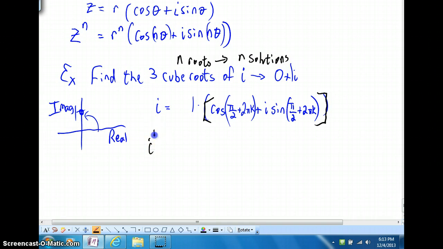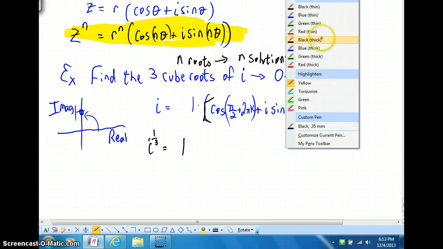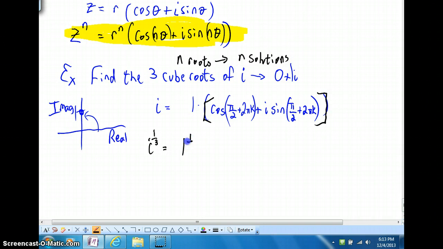If I gave you i to the 1/3 power, that's how we'd write the cube root. Using this idea that we just had up on top, essentially we'd say, why not take this as 1, the radius out there, to the 1/3 power, and that's actually really nice. That's going to work out quite well.